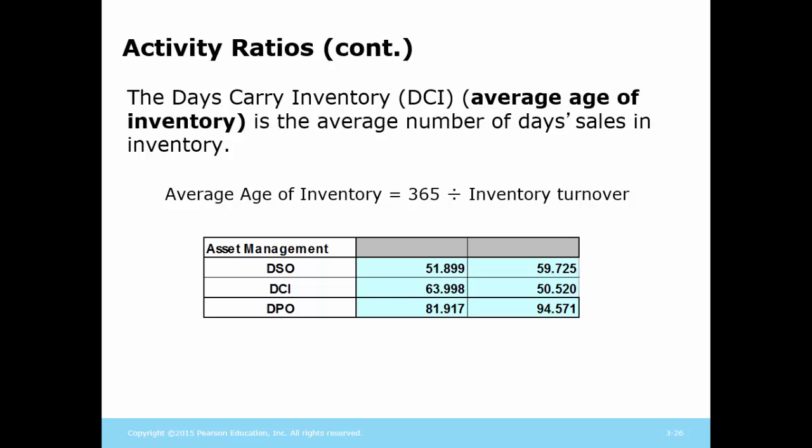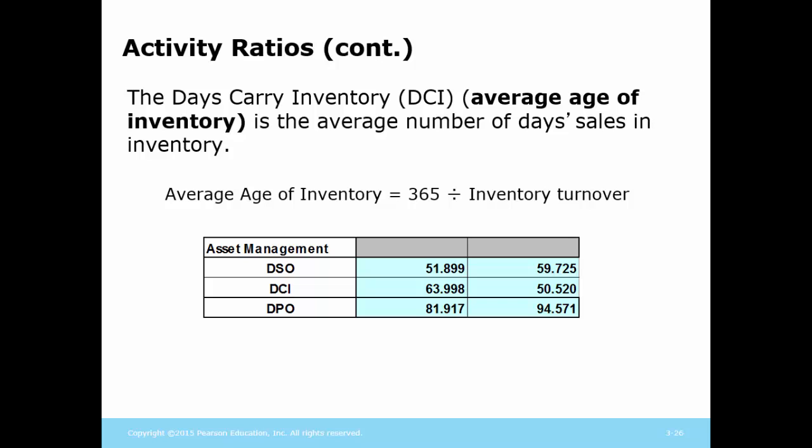63.99 is 2014 and 50.52 is 2015. This tells us the average number of days inventory sits on the shelf. So a decreasing number could be indicative of a couple things. Number one, it could mean that sales are increasing and inventory is going out the door much more quickly.